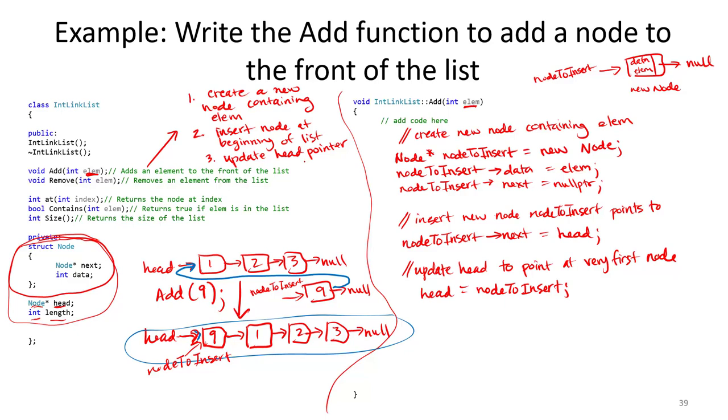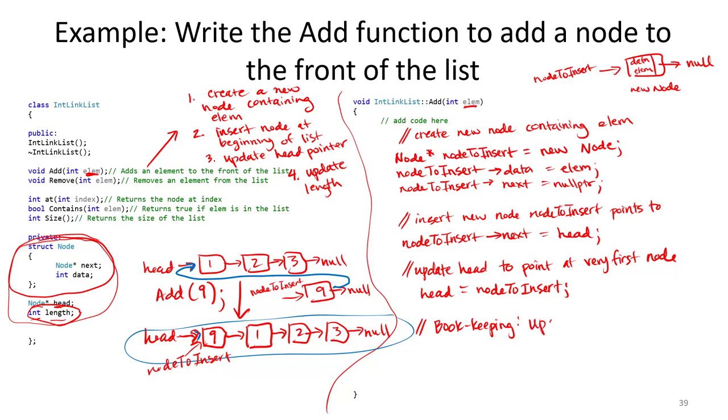In this case, there's one last thing we need to do. I call it bookkeeping. We have this private variable length. Since we added a new node, we need to do bookkeeping.